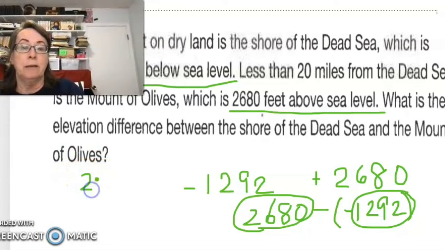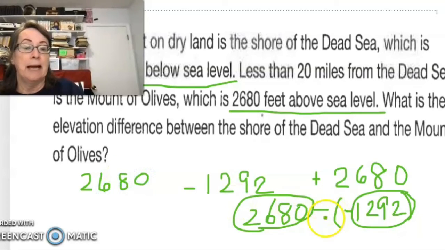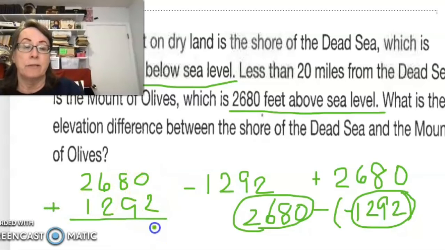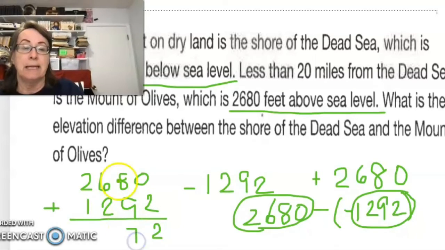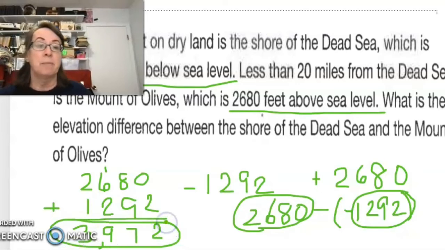So we're going to do 2,680 plus, because the minus a minus, 1,292. And now we are adding the two together. So we have 2 and 17, so we'll carry. And 8 plus 1 is 9, and 2 plus 1 is 3. So we have 3,972 is the elevation difference between the shore of the Dead Sea and the Mount of Olives.